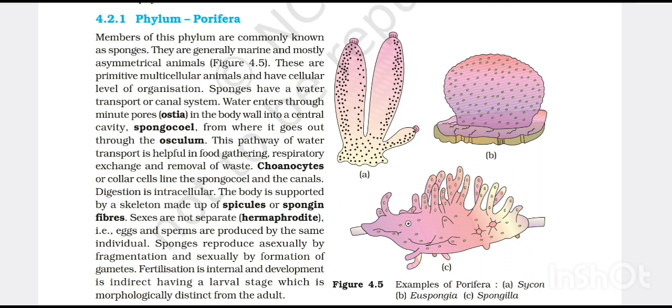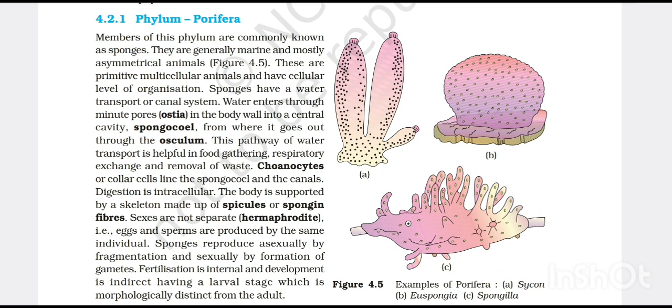The pores are directly connected with the central cavity, which is present in the middle of their body, called the spongocoel, from where water goes out through the osculum. This pathway of water transport is helpful in food gathering and respiratory exchange along with the removal of waste.